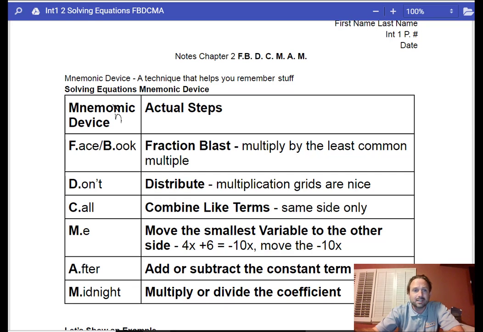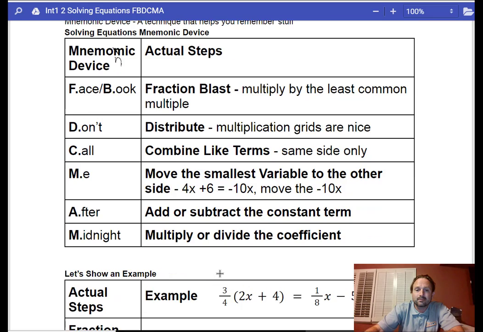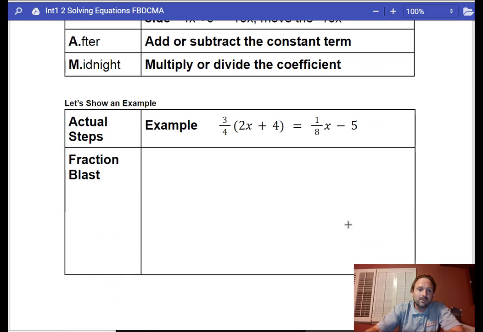Well, let's show you an example of this. Example: 3/4 times the quantity 2x plus 4 is equal to 1/8 x minus 5. So the largest looking denominator is that 8 right there.